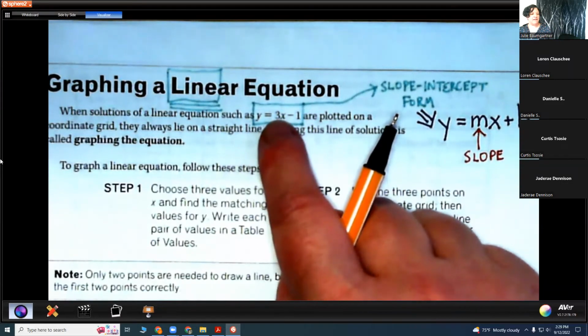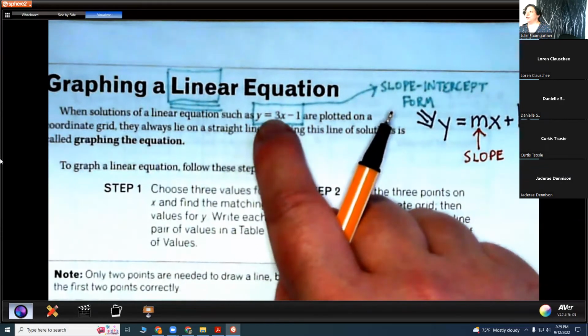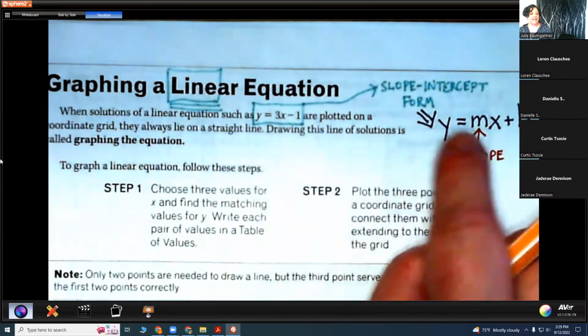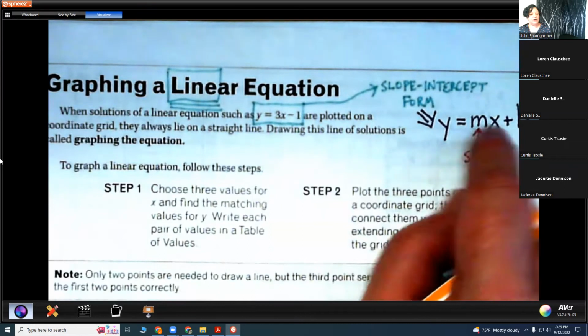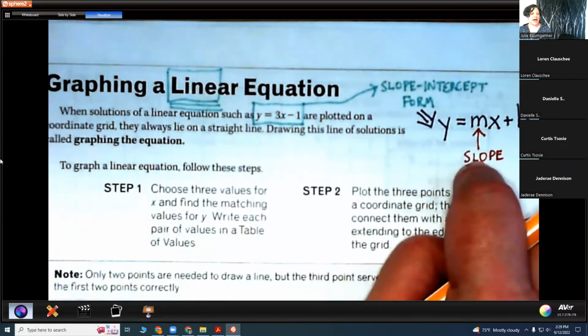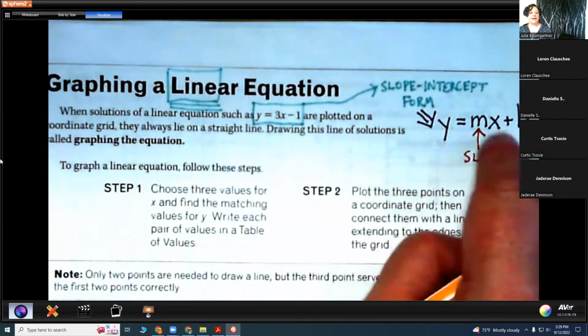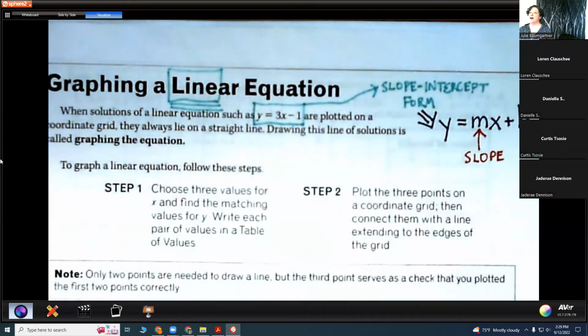So whatever is stuck onto the x in your slope intercept form linear equation, that's the slope. Okay, slope is stuck on the x. And of course you'll notice that we put numbers, we'll have a value for the slope, yet x and y stay x and y because the line has many points.